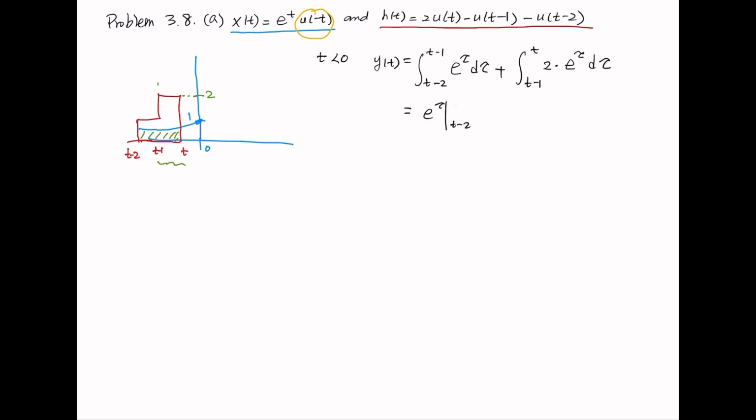That equals e^tau going from t-2 to t-1, plus we can factor out 2, and then e^tau going from t-1 to t.